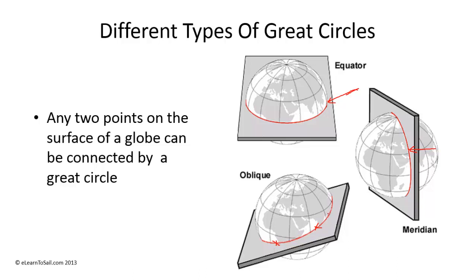And you can see that is what is shown on this diagram. This plane that is cutting through those 2 points is also cutting through the center of the Earth, therefore creating a great circle. So the important thing to understand here is that any 2 points on the surface of the Earth can be connected with a great circle.